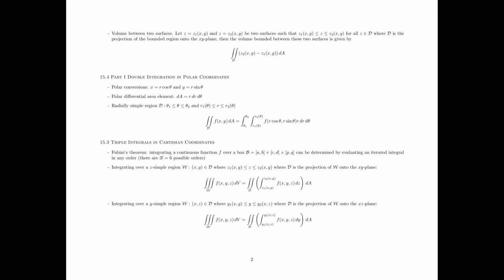All right, the next topic that we have in 15.2 is volume between two surfaces. So the way I think about this is we're setting this up where our surfaces are stacked in the z direction. When I say top and bottom, I'm really referring to which surface has the larger z value and which surface has the smaller z value.